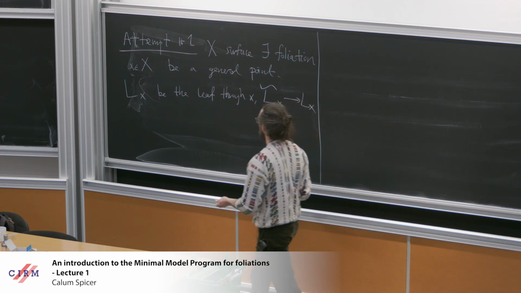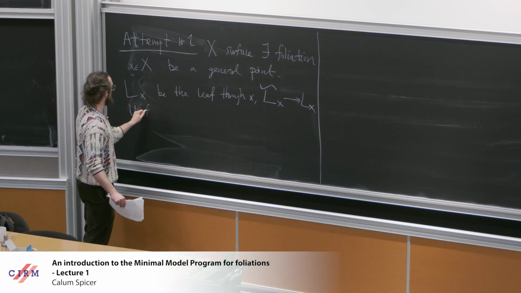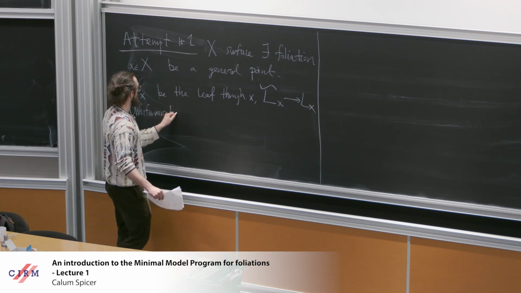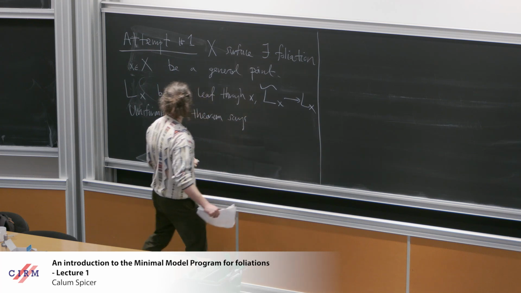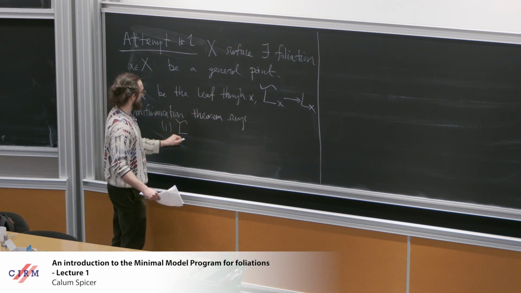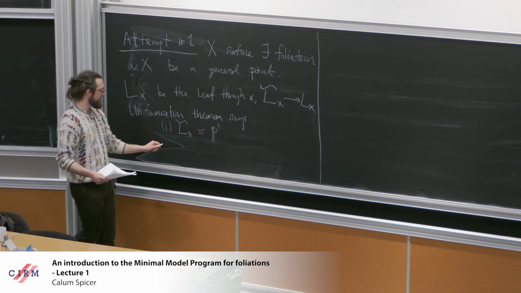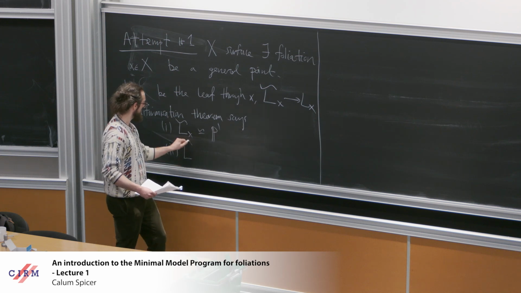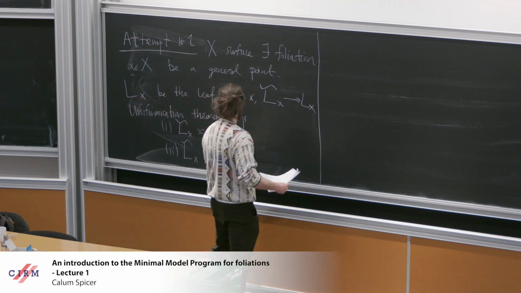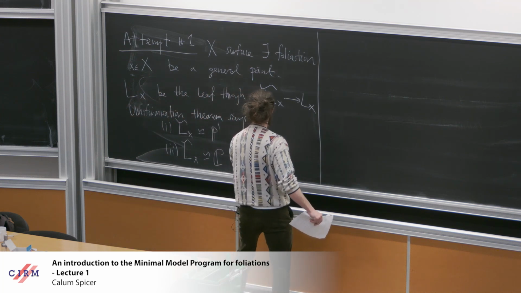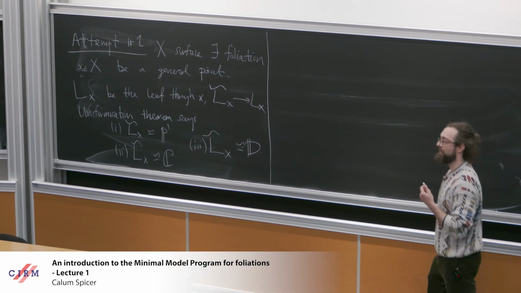So by the uniformization theorem, the universal cover of L(x) is one of three things. We have three possibilities. One, L tilde of x could be P1. It could be just the whole complex plane. Or the third possibility, L tilde of x could be just the disk inside the complex plane. So this is just the uniformization theorem.